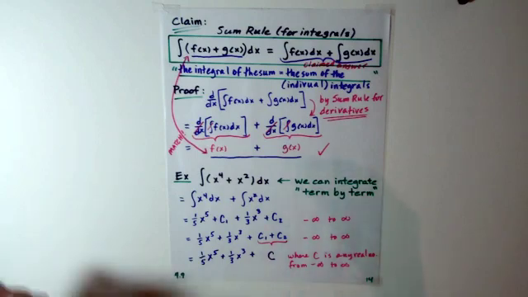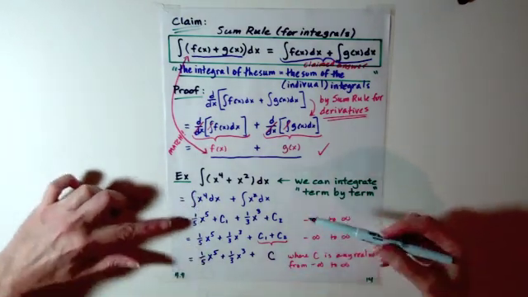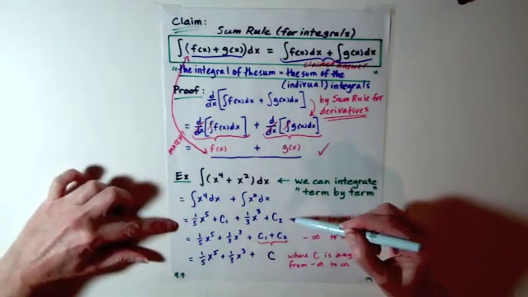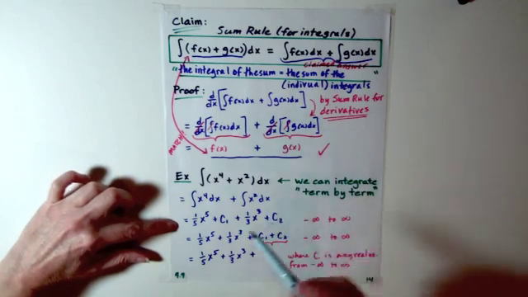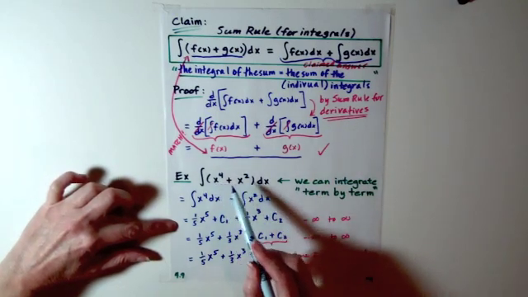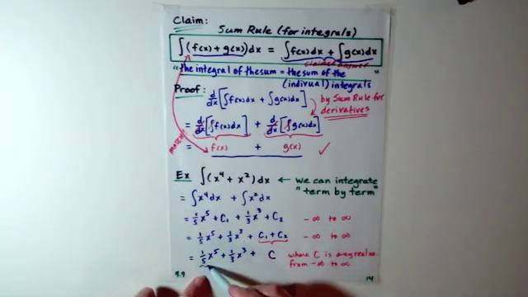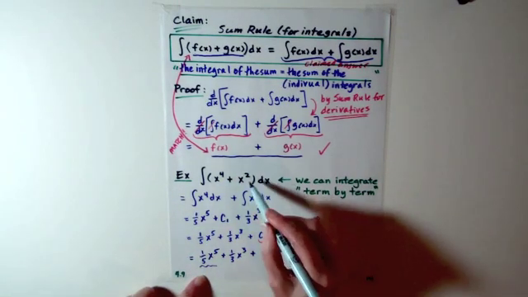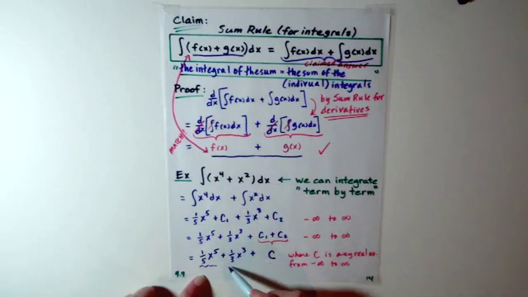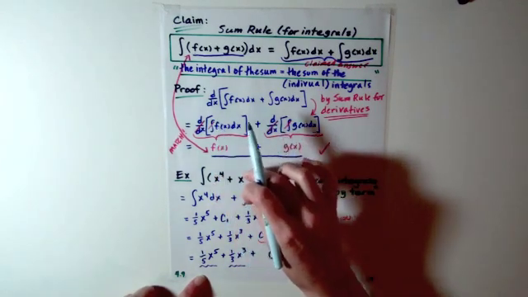Okay, so let me just make a couple remarks about this. Usually we don't write this step. We just say, oh, I can integrate term by term. I integrate x to the fourth, I get 1/5 x to the fifth. I integrate x squared, I get 1/3 x cubed. And we say that we integrate each term separately.